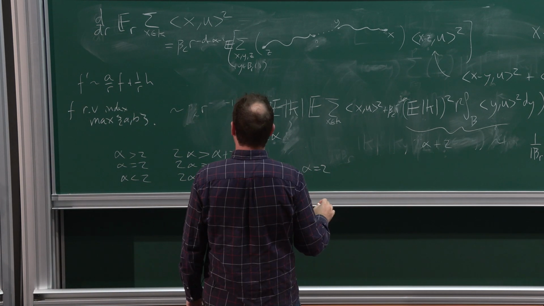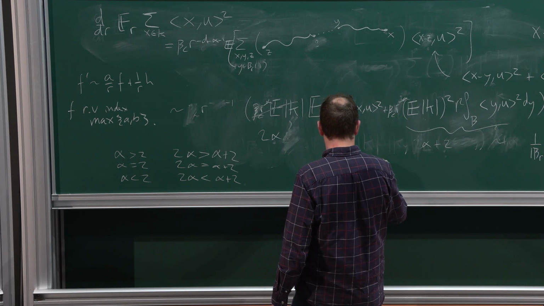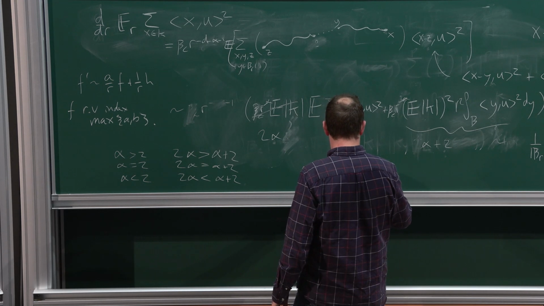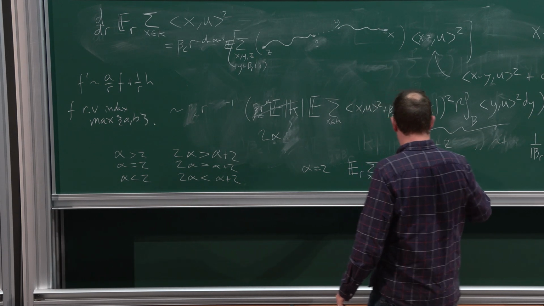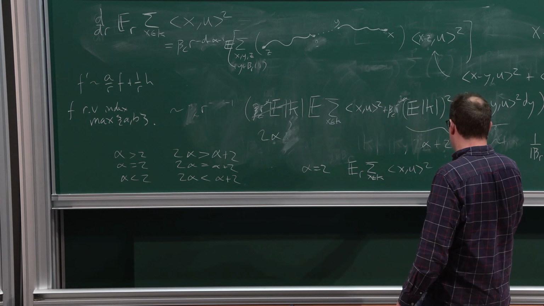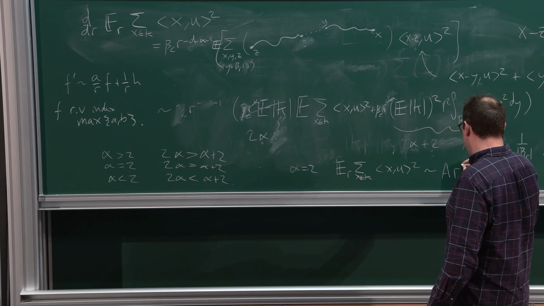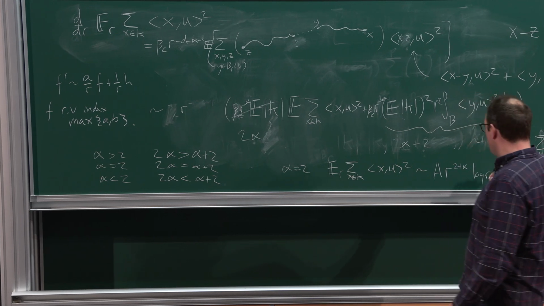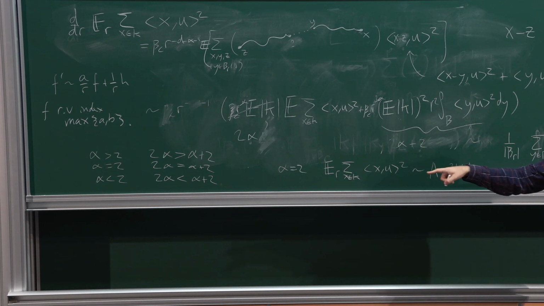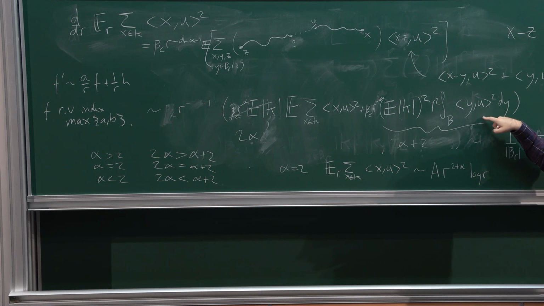And so you get that this expectation is asymptotic to some constant times r to the 2 plus alpha log r. Okay? And in fact, again, in this critical case, what happens here is that you actually still have that you're pegged to this driving term, but just with a log.